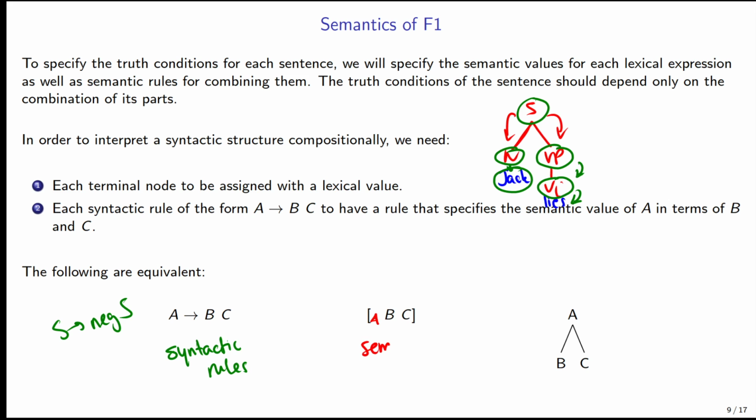We use this for semantic rules. These both mean the same thing, but we just use them in different circumstances. And finally, this is the one you're more familiar with, probably, A branching into B and C, and this is what we just use for syntactic trees and semantic trees. So we'll see all three of these different notations, and we'll use them all in their respective domain.